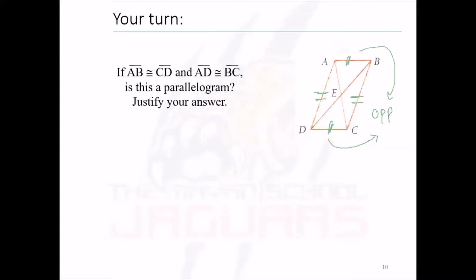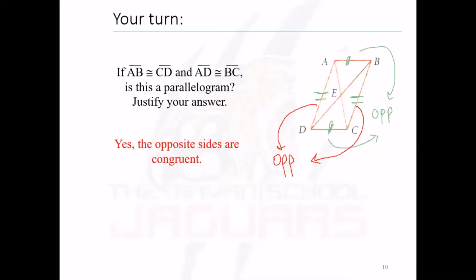And also, let me switch color so you can see that clearly, the segment AD and the segment BC are opposite. So I have two pairs of opposite sides in this quadrilateral, and I think the property comes to your mind: I just proved that this quadrilateral is a parallelogram because the opposite sides are congruent. Perfect, let's do one more.